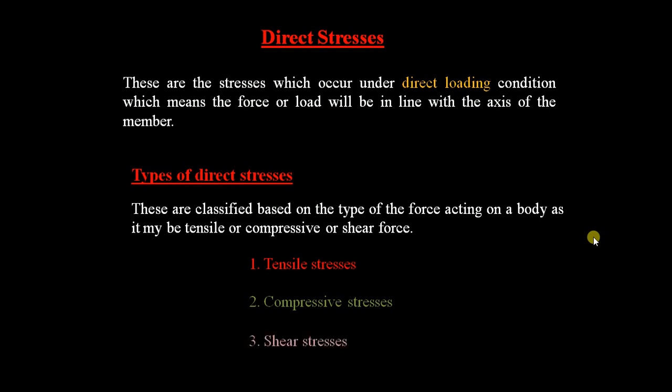These are the three stresses which come under direct stress. Okay. Next, we try to define these three stresses separately by analyzing with the help of a diagram. So first we go for tensile stress.